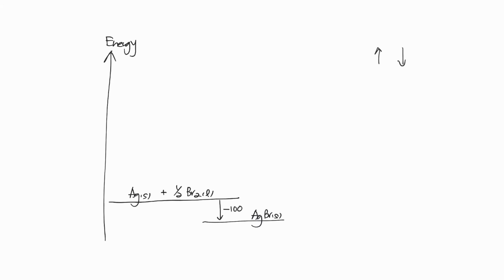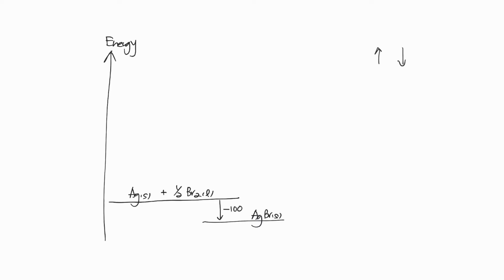Starting with this, we have to make use of the given information, step by step moving into gaseous ions to form 1 mole of silver bromide for the lattice energy.